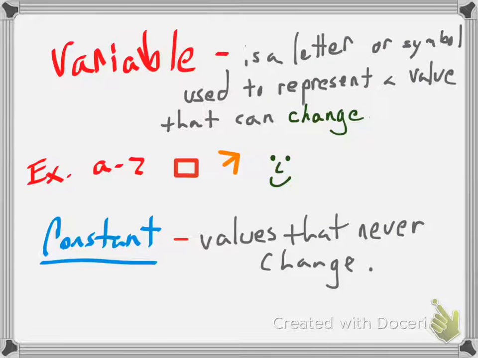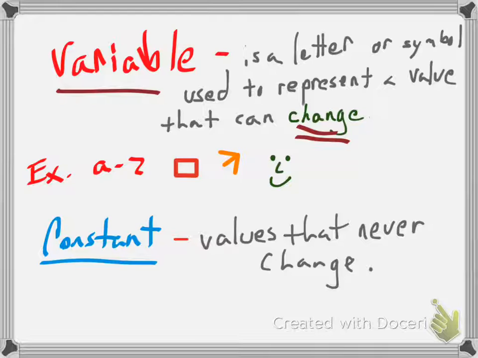So first off, variables. A variable is a letter or symbol used to represent a value that can change. That's key right there. A value that can change. I mean, why represent something that doesn't change? You're not going to put A for 2 if 2 is always going to be 2. You just don't do that.